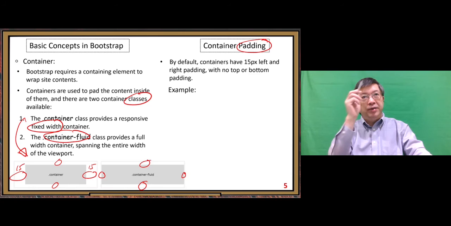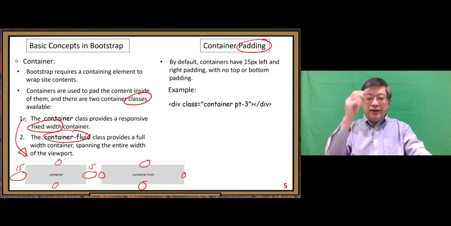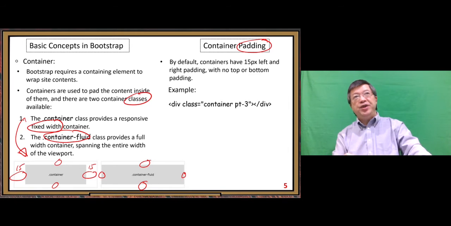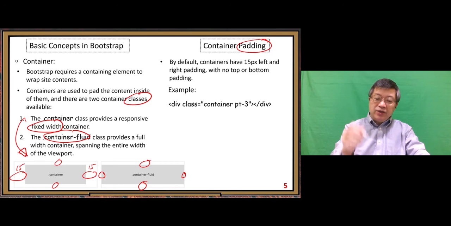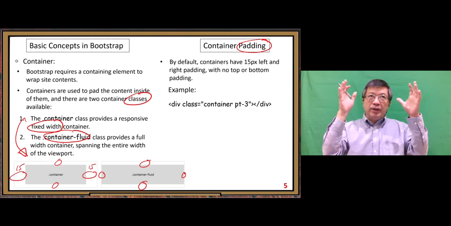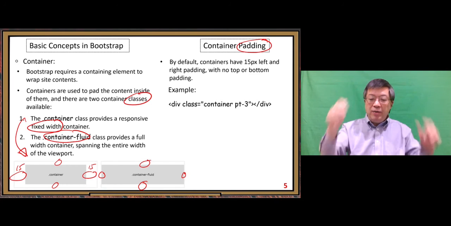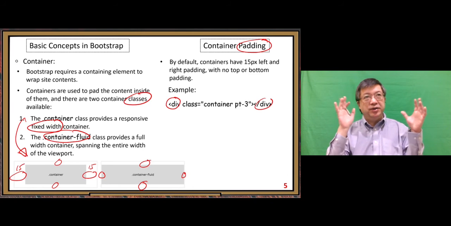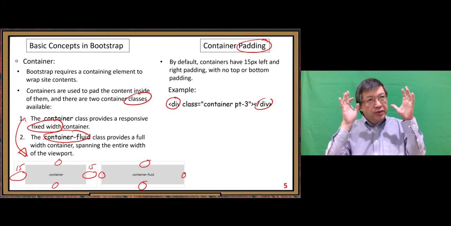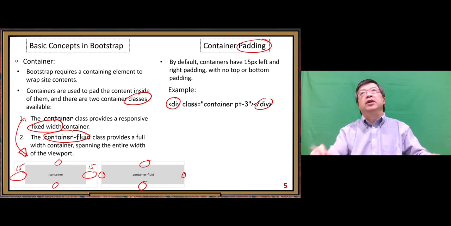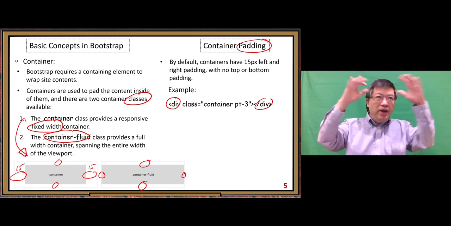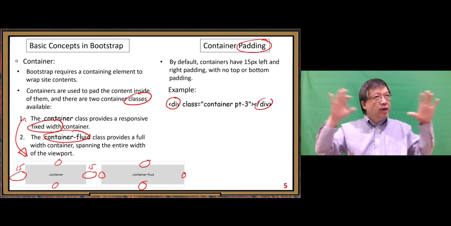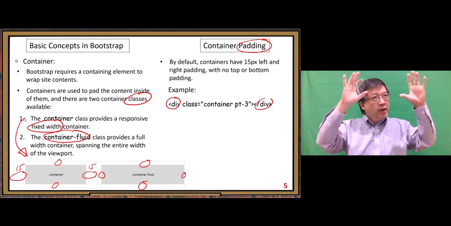Here, let me show you an example for that container class. Now the way we use it: we want to make a div element container. Typically we use a div element to create a container to hold many different GUI components.